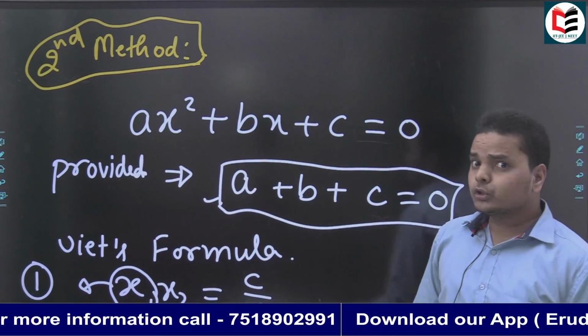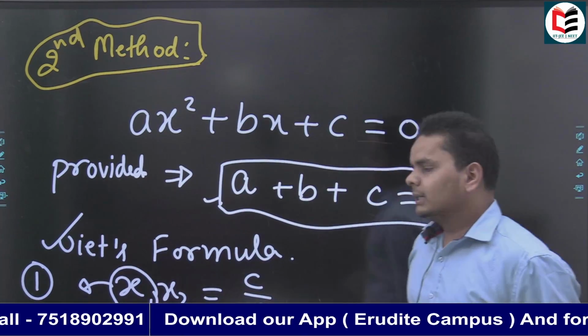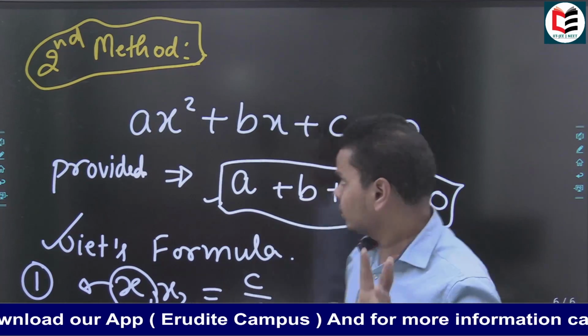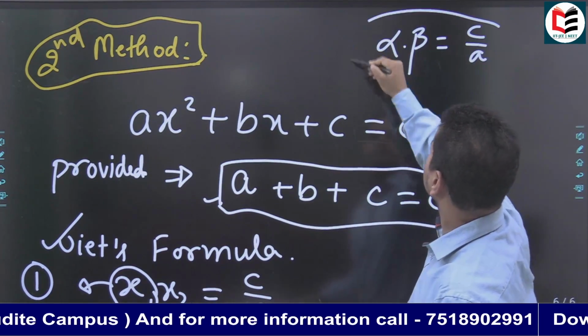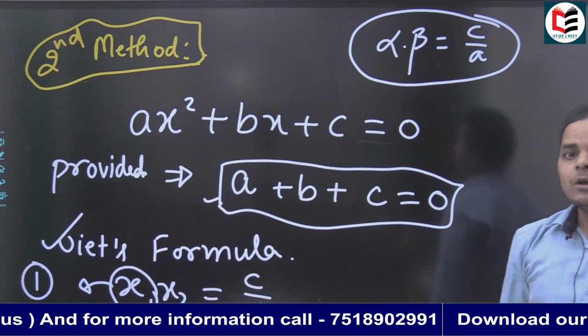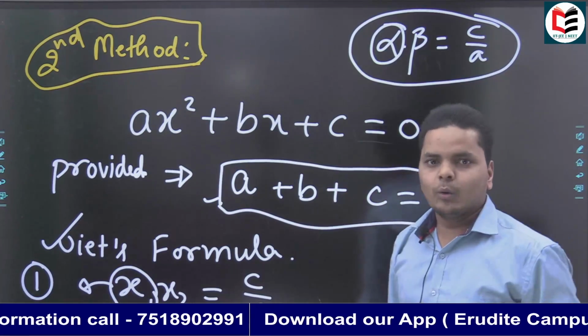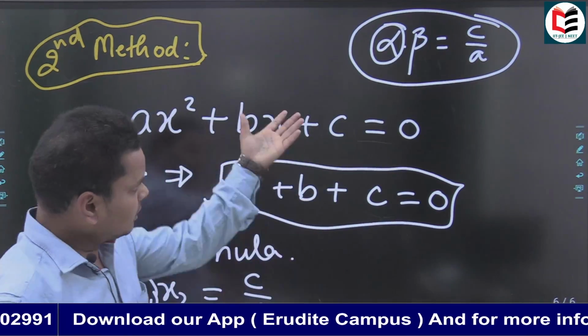If one of the roots of the quadratic equation is 1, then we can apply Vieta's formula, that is x1 into x2, meaning the product of the two roots, alpha into beta, must be equal to c by a, provided that one of the roots must be equal to 1. Either it may be alpha or beta, it depends on the type of the question.